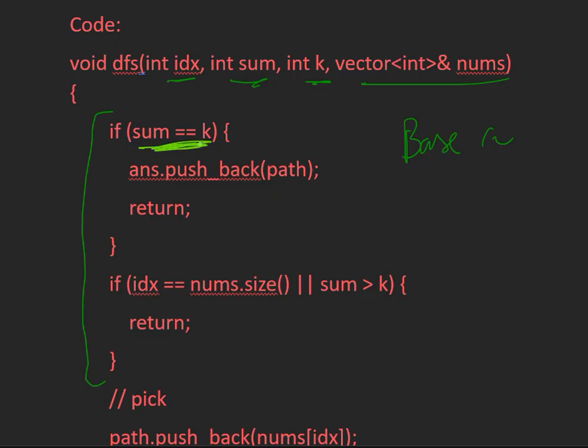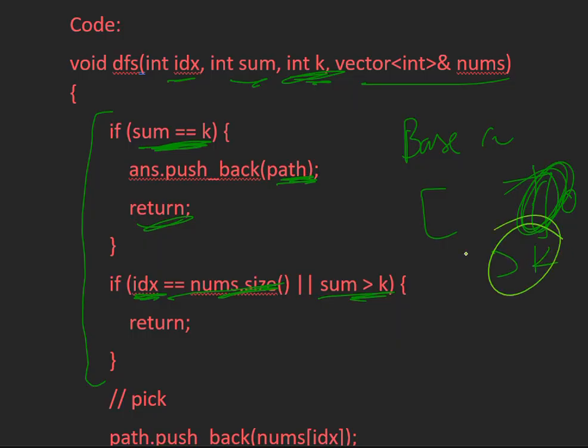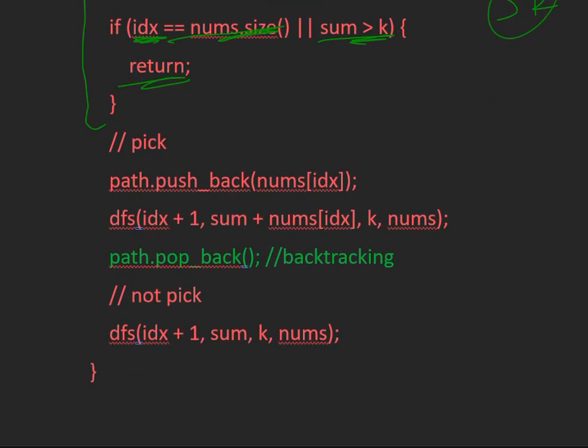Either we get the sum as k, then we push the path in the answer and return back here, or the index has gone out of bounds, or the sum is greater than k, then also we have to return. If these two base conditions are not satisfied, then we check at each element.